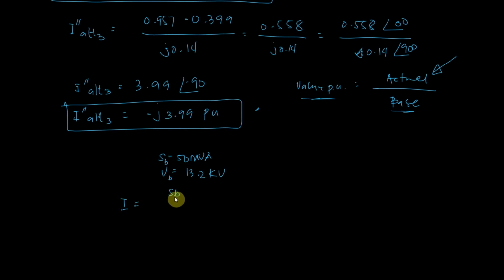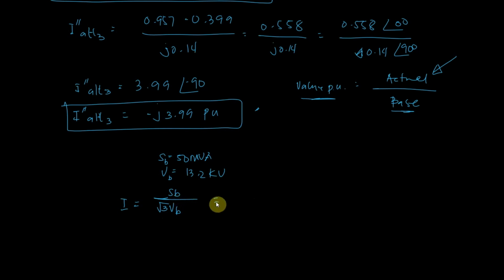So ang ating base current is equal to S base divided by voltage base, di ba? Dahil 3 phase yan, so square root of 3 tayo. Dahil 3 phase yung ating base power, square root of 3. So substitute natin yung ating value.